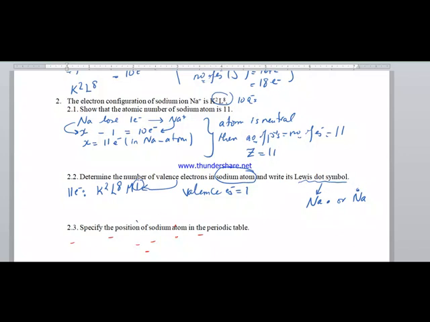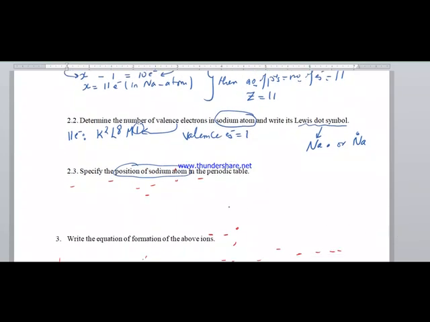The position of the sodium atom in the periodic table: this means we must determine the row and column. Row is equal to 3, meaning 3 energy levels, which are K, L, and M, and it is in column 1, so only 1 electron in the outer energy level.